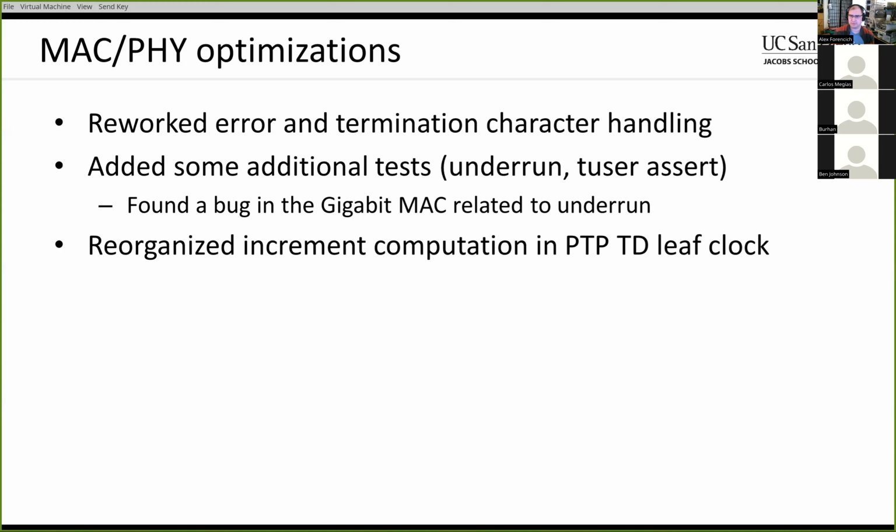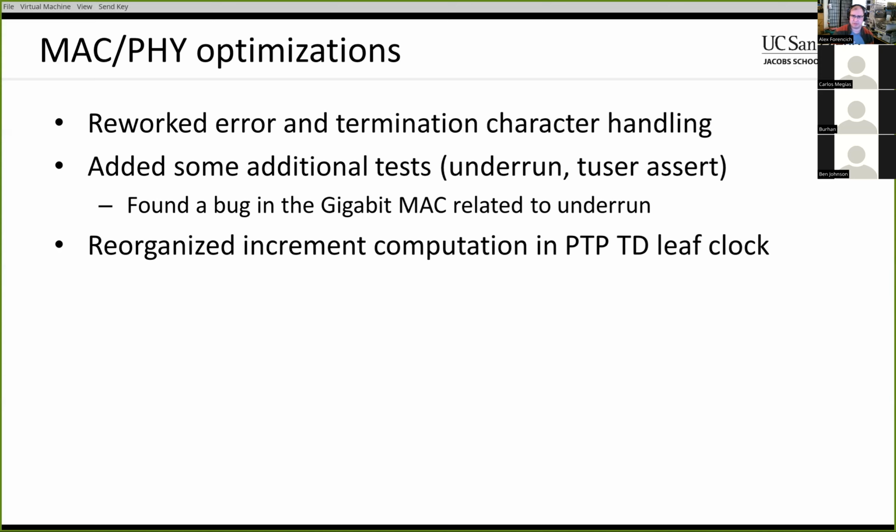So I've done some work to rework some of the internal logic in the Mac for the error and termination character handling, shift some stuff around, and reduce some internal state bits, basically to try and simplify some of the logic.